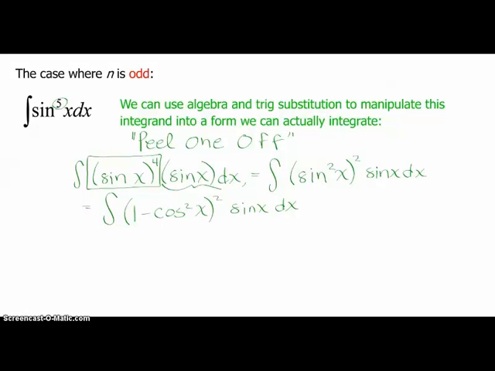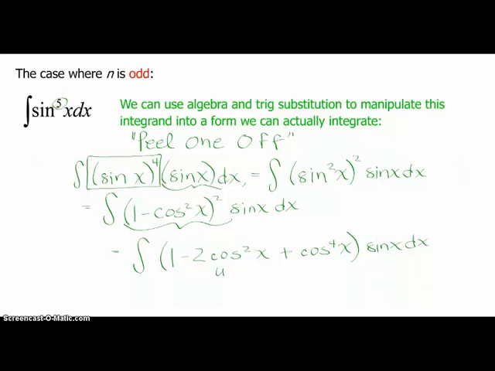Now I'm going to go ahead and FOIL this out. And so that becomes 1 minus 2 cosine squared of x plus cosine to the 4th of x. Hopefully you can see that. I just FOILed that out: first, outside, inside, last.